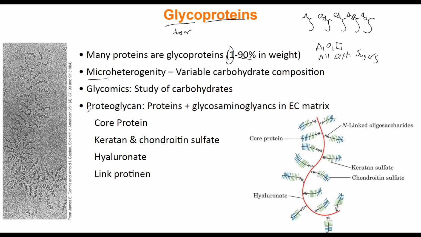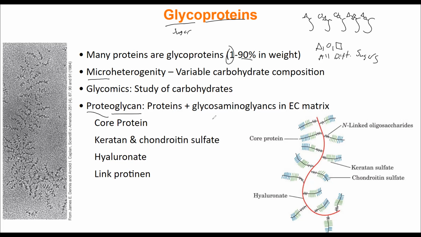So we have these things called proteoglycans. A proteoglycan is a protein plus these glycosaminoglycans we talked about in the previous slide. These are going to be hanging out in your extracellular matrix. Again, they're going to be very viscous, very gel-like, again, for your joints. And these proteoglycans have a set structure.